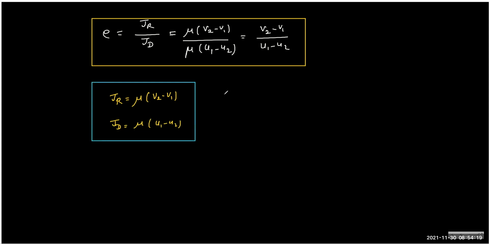The net impulse for the entire process is the sum of these two impulses. So we have just bifurcated the impulse into two categories. One from the moment you hit till the moment you are maximally deformed, calling this the impulse of deformation. And beyond that we are calling it the impulse of recovery.